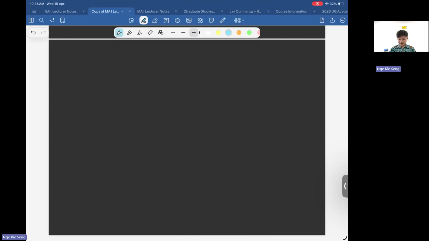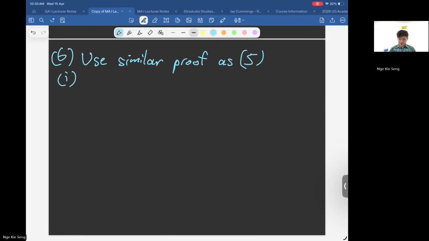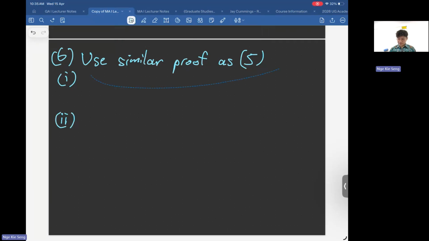To do this question here, 6, one way is to use similar proof as 5, or you need to establish something extra. So this is method 1.